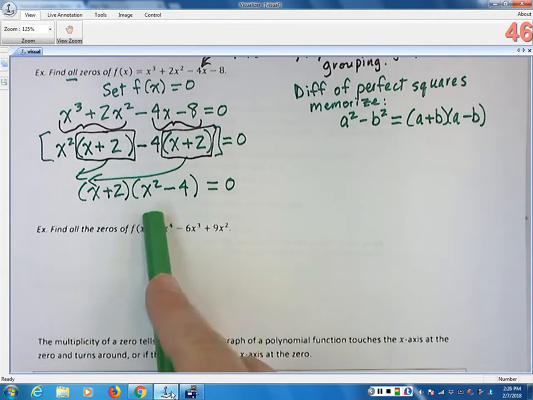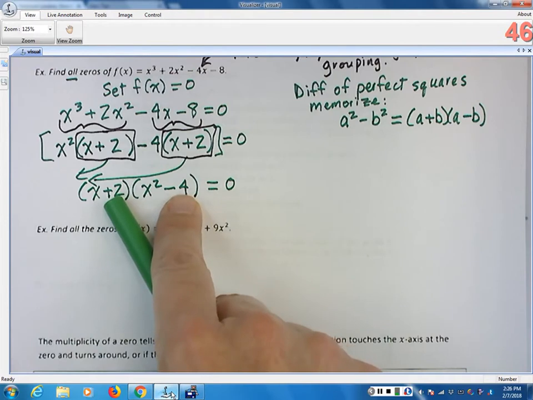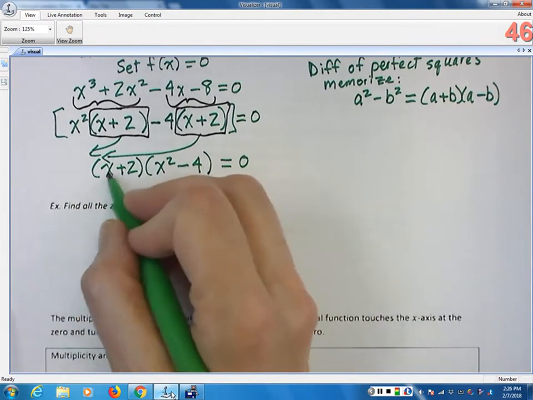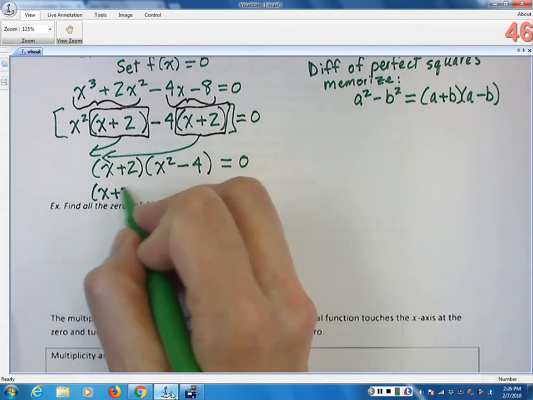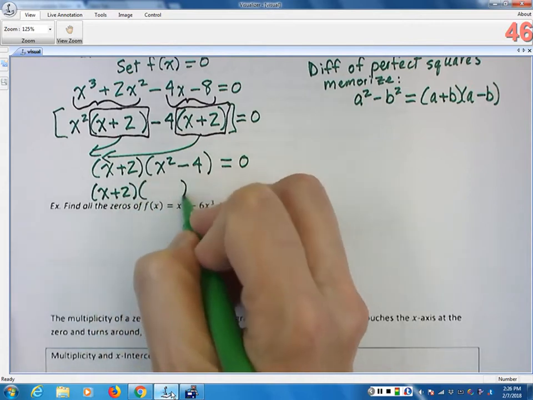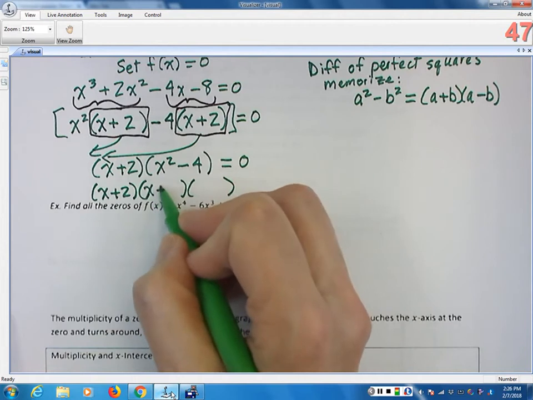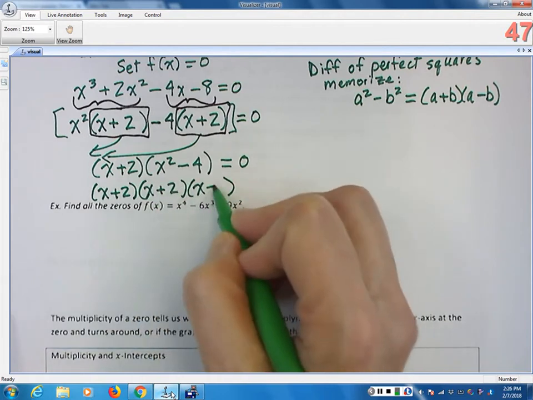So here we have a difference of perfect squares. X squared minus 4, those are both perfect squares. So we bring the x plus 2 down, and we can factor x squared minus 4 into x plus 2 and x minus 2.